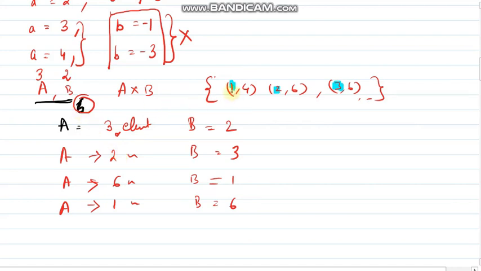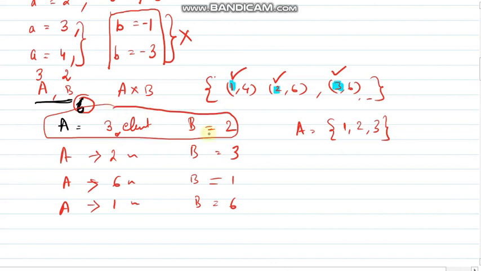Now just check, when I wrote some elements of A cross B, 1, 2, 3 are already there. So 3 elements of A are already mentioned, so I am going to take this option. So what are the 2 elements of B? If I check, they are 4 and 6. So set B will contain 4 and 6.